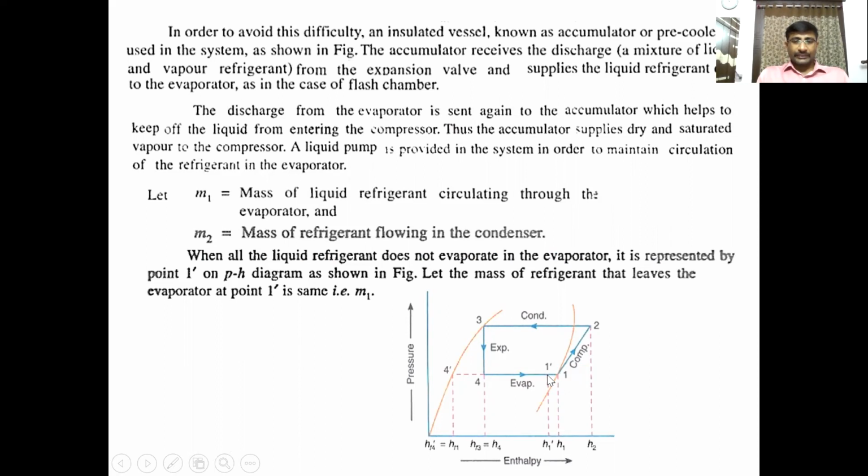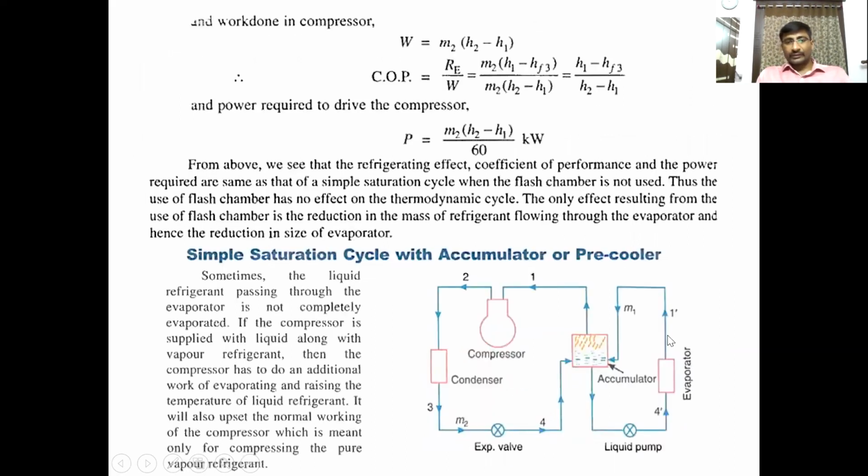The liquid will be separated from 1 dash to 4 dash. This is a pure liquid. From 4 dash, it is again sent to the evaporator, which will absorb the heat. That is, 1 dash will be sent to the accumulator. Only liquid refrigerant will enter the evaporator.